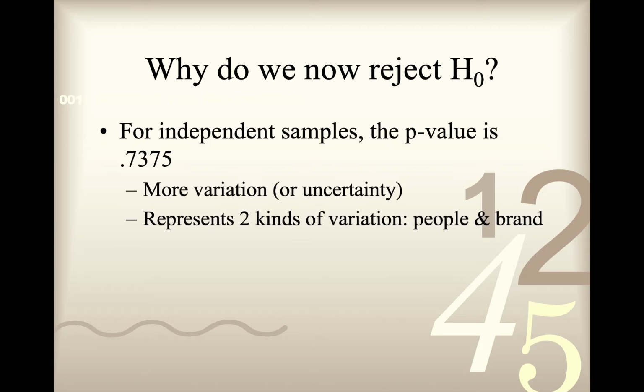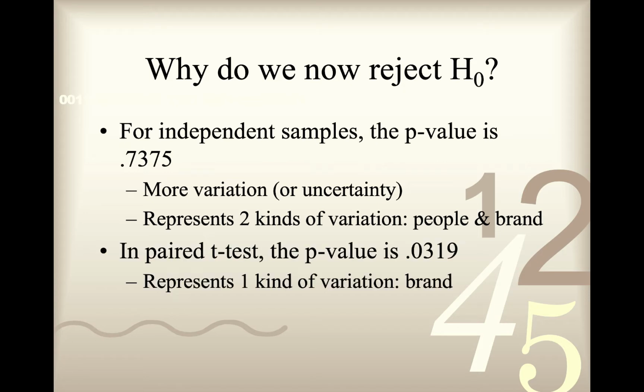All right, so for independent samples, the p-value is 0.7375 because there is more variation or uncertainty. Okay, so variation and uncertainty or error are synonymous. All right, so this represents two kinds of variation that I talked about a minute ago. We have the variation between the shoe brands, Nike and Adidas, but we also pick up all that vertical variation between the people.